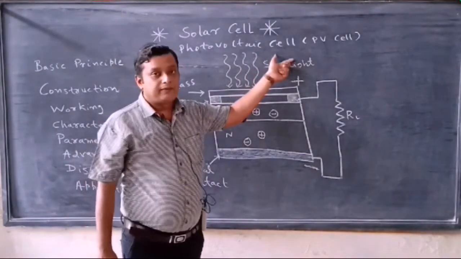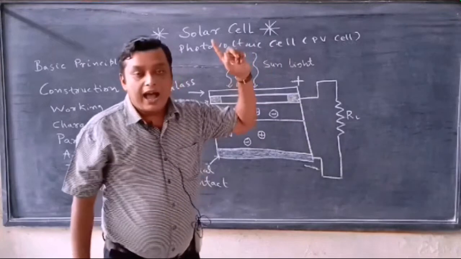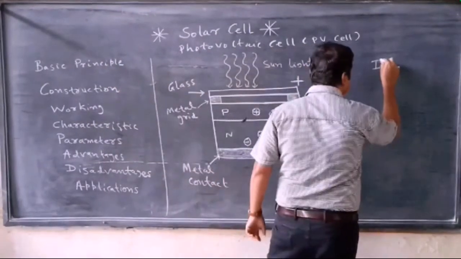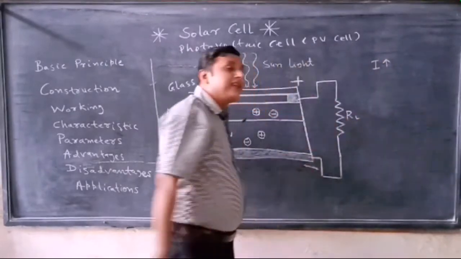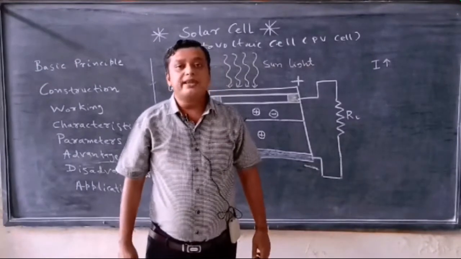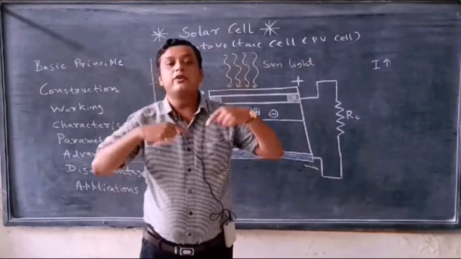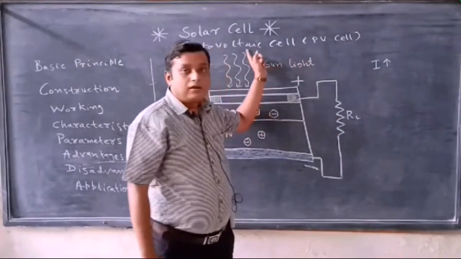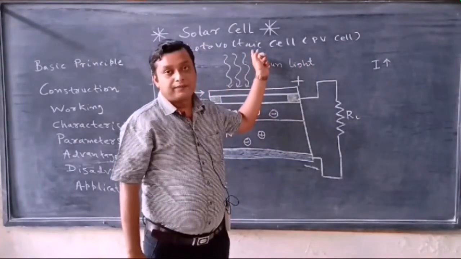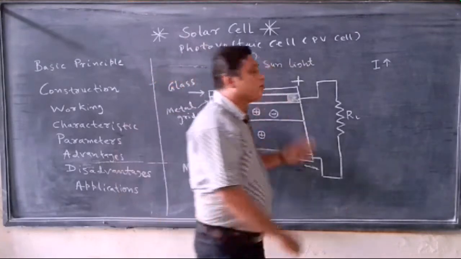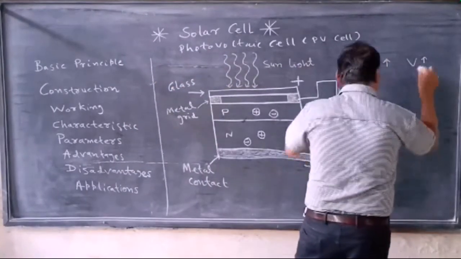Another thing is that if I increase the intensity of the light falling onto the solar cell, then the voltage developed across the solar cell also increases.